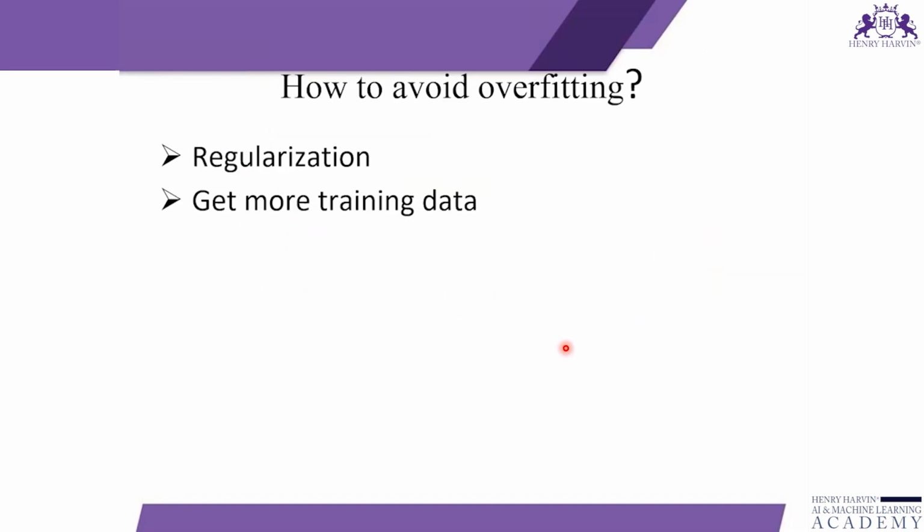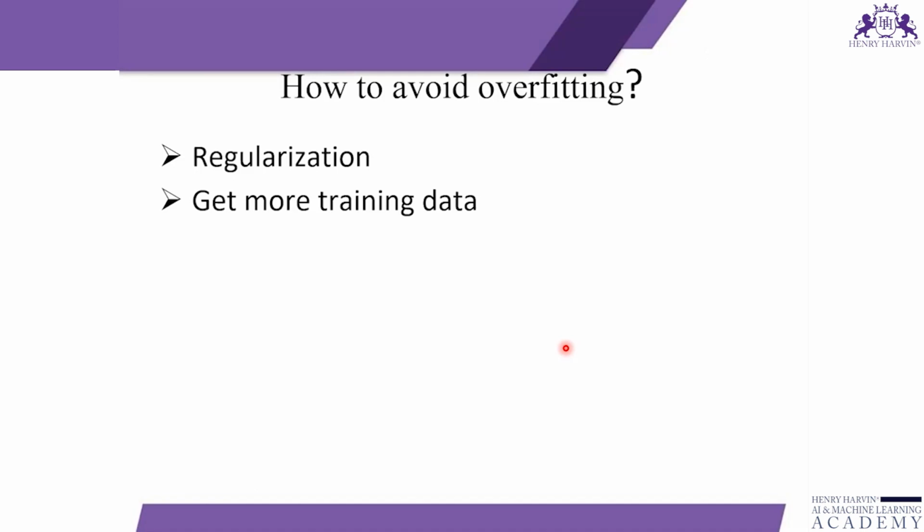So if you look into this, we can see one point I have written is about regularization. And the second thing is about getting more training data. Most of the time we will be into the regularization techniques in machine learning. That is what we have come across before, and we will be trying to fine tune the parameters, hyperparameters, right?